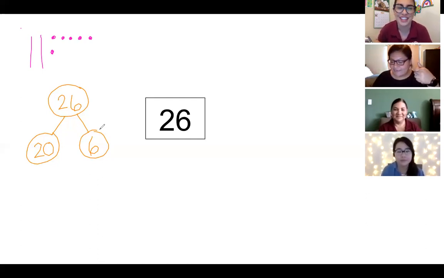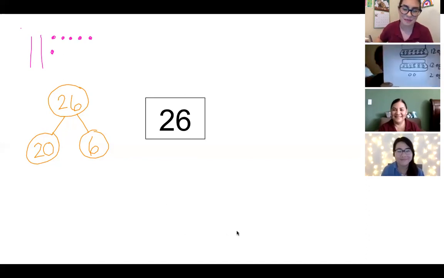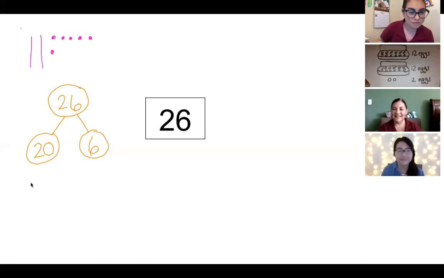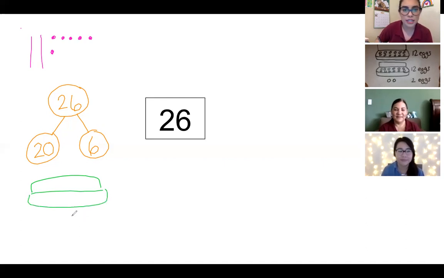And Miss Rosales, can you show us your visual representation of 26? So I imagine 2 cartons of eggs, a dozen in each carton, and then 2 extra eggs. All right. Our artist here is always thinking in terms of real world, right? So we have a carton of eggs, and it has 12 eggs. 1, 2, 3, 4, 5, 6, 7, 8, 9, 10, 11, 12, and that's a dozen, so 12 eggs.